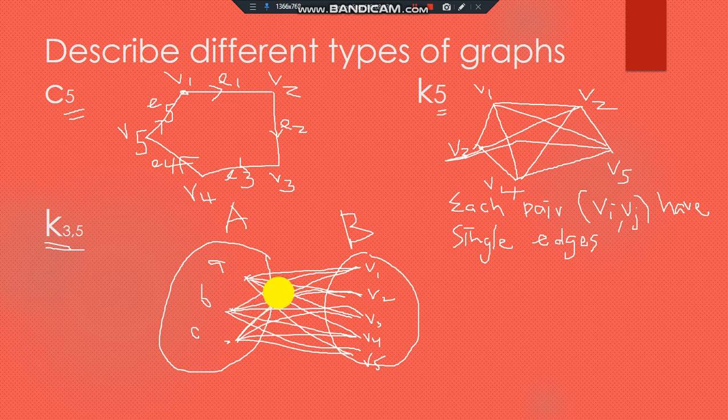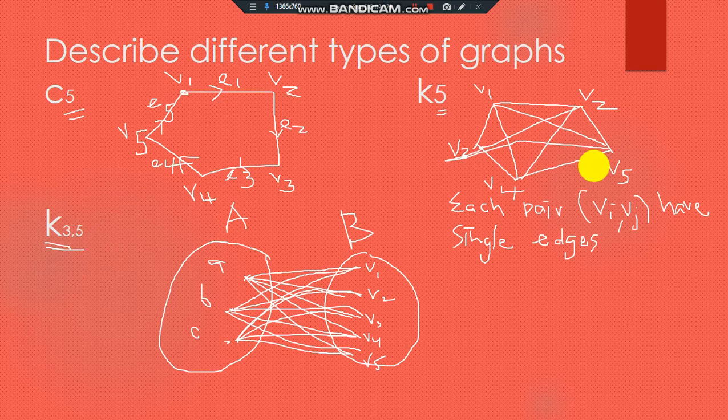Similarly, this vertex should connect to all the vertices here. And this graph we call the K3,5 graph, a complete graph with 2 groups, in which the first group consists of 3 vertices and the second group consists of 5 vertices.